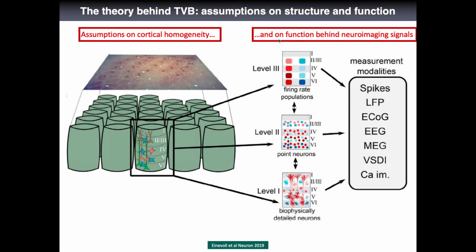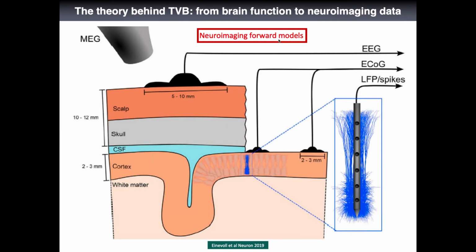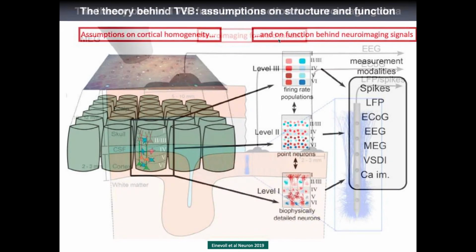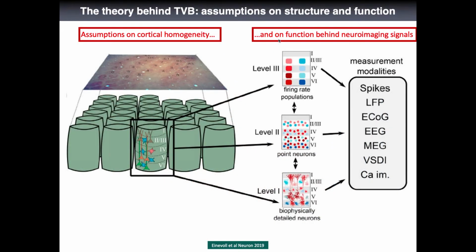First of all, there is a lot of theory behind the virtual brain, and there are assumptions that come from theory, first about cortical homogeneity. The idea is that the cortical sheet is relatively homogeneous.